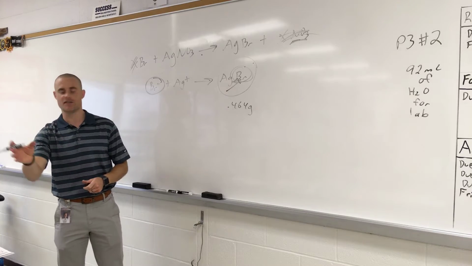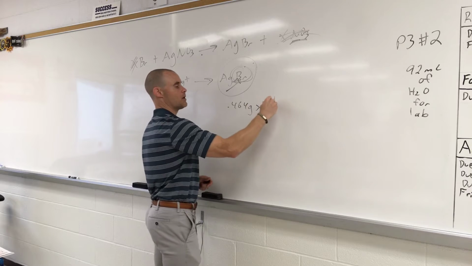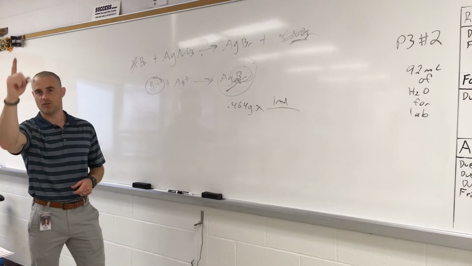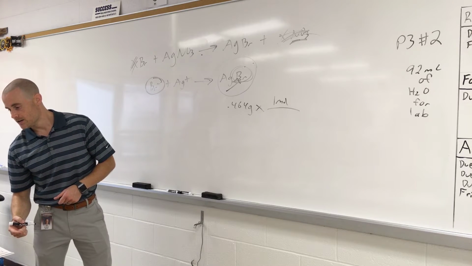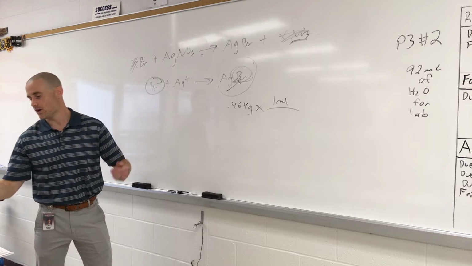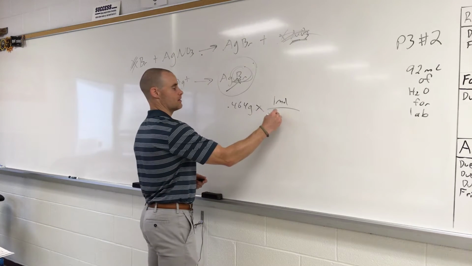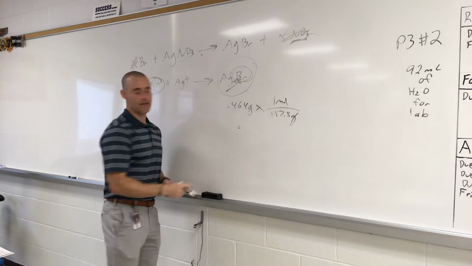There's a couple ways to do it, but this is the easiest way. I'm going to take this number, multiplied by 1 mole over the molar mass of silver bromide, which is 108 plus 80. So that is 180. I got 187.8. I guess I used the exact numbers there. 187.8 grams. Grams cancel, so I get.